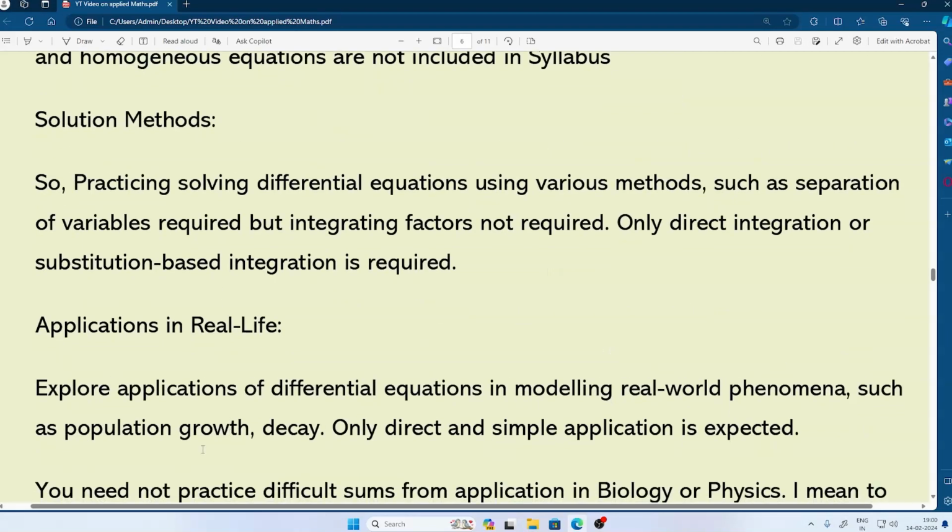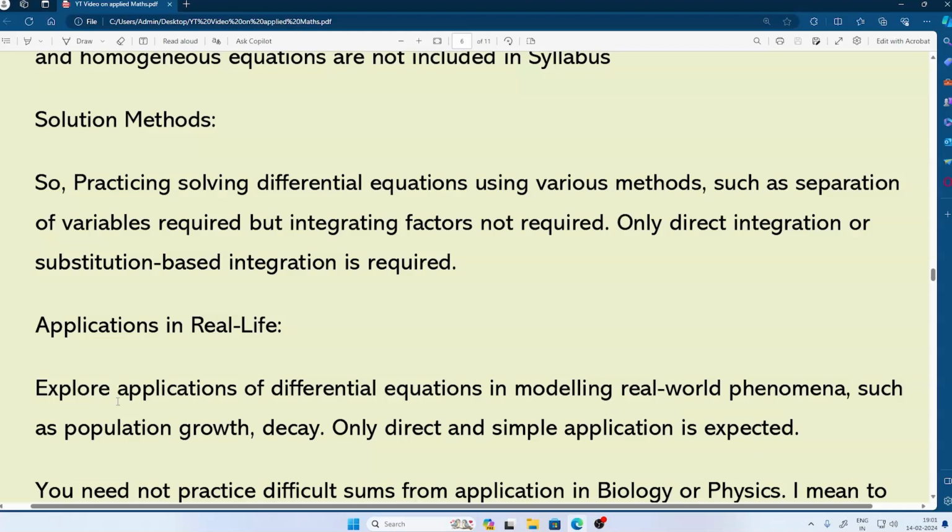Real life problems, growth and decay problems are mainly expected. At the same time, I tell you to do the application part. But doing all the applications done in physics, in biology, I will never suggest that. Go through only the simple problems from application of this topic. Real world phenomena, the way they work for difficult biological or physics problems, are not there.